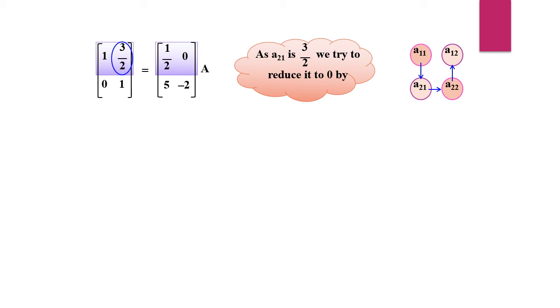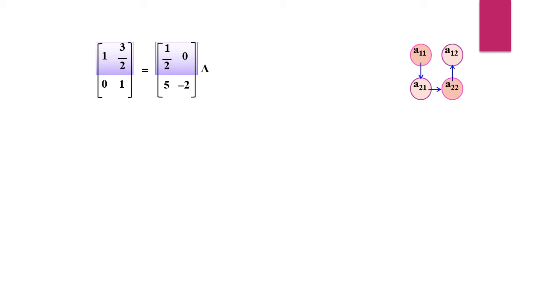So we apply the property R1 implies R1 minus 3 by 2 R2. Again in the rough you will just substitute the terms and calculate it. So R1 minus 3 by 2 R2, the first element of R1 is 1, minus 3 by 2 into the first element of R2, that is 0. On simplifying we get the element as 1.